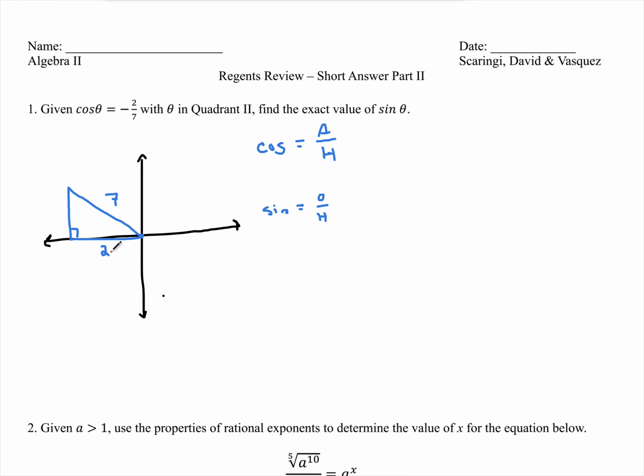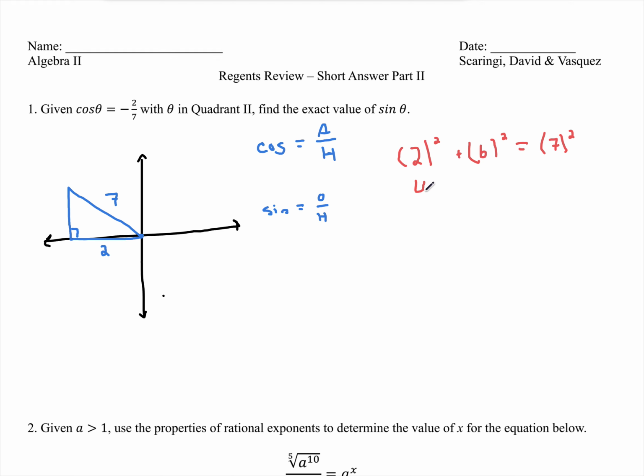If I know two lengths of a right triangle, I can find my third by doing the Pythagorean theorem. I'm not going to write it out, but it's going to be a squared, which in this case is 2 squared, plus b squared, which is the one I don't know. And then c squared is always my hypotenuse, which in this case is 7 squared.